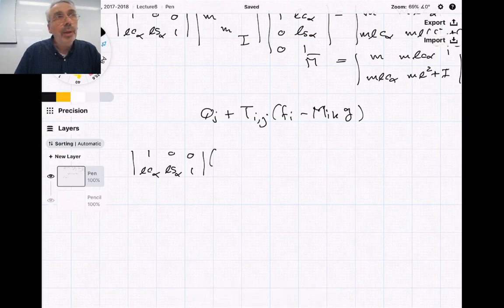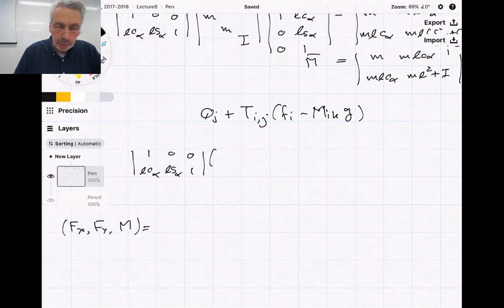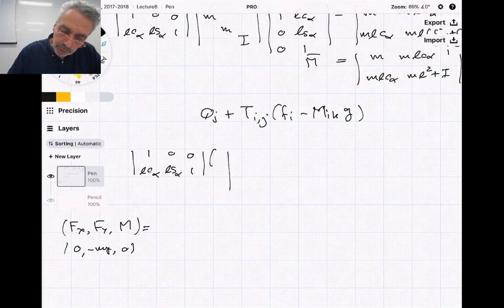Now, what are the applied forces? Yeah, something with G. So Fx, Fy, M are, there was no horizontal force, there's minus mg, and there's no torque, right? Those are the applied forces at the center of mass. So that's a force 0, minus mg, 0.